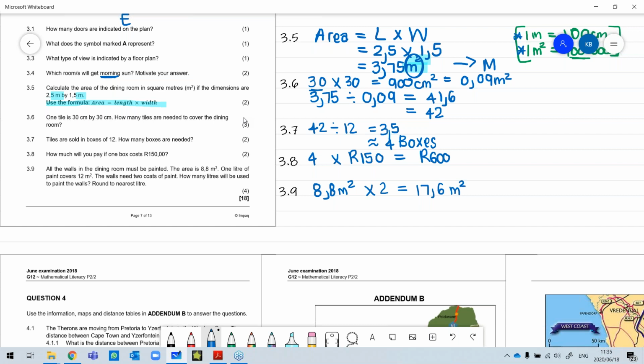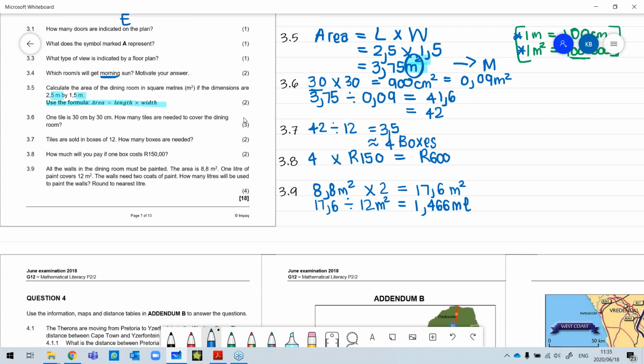Now, if I want to determine how many liters of paint I'm going to require, I'm going to take the area and divide it by the paint coverage of 12 square meters, and that will give me an answer of 1,466 liters.